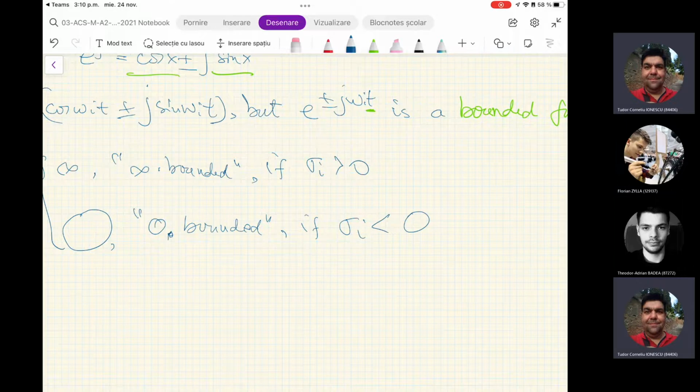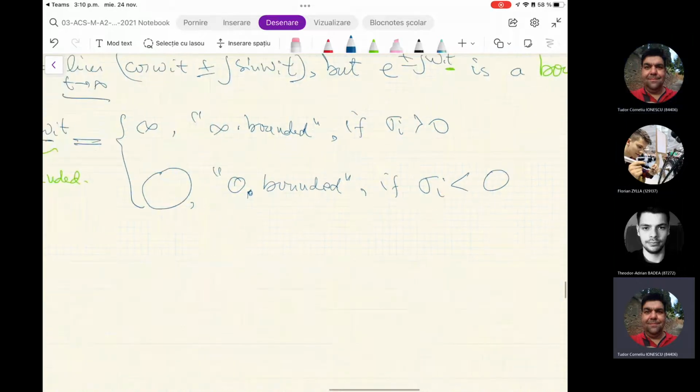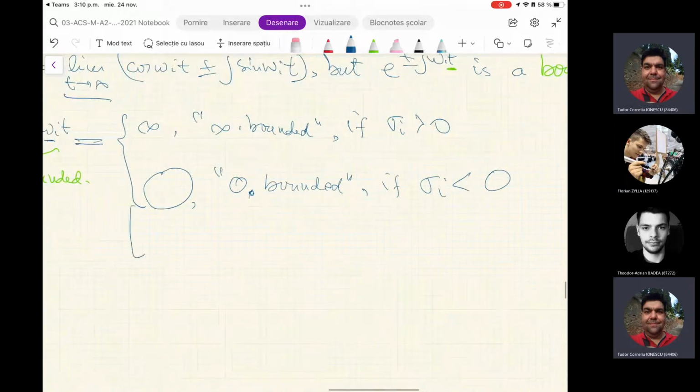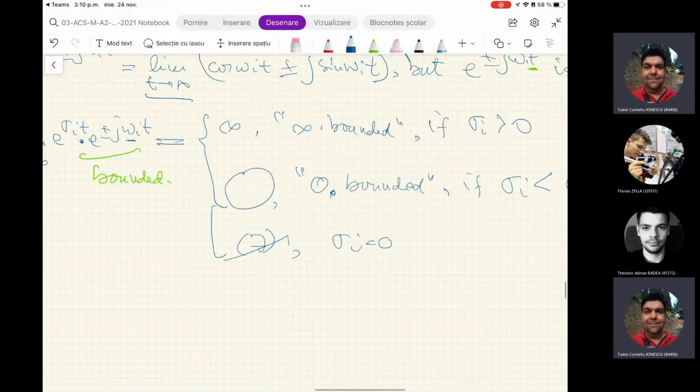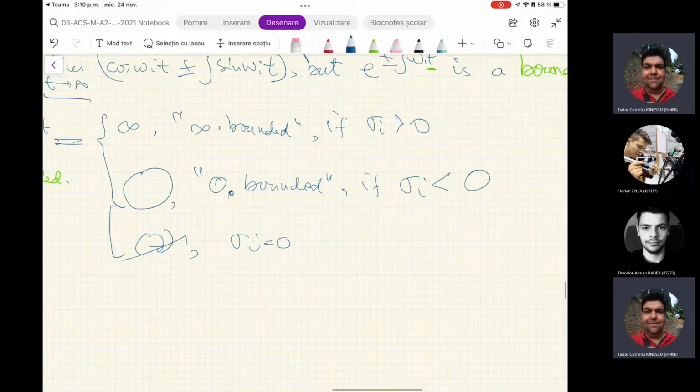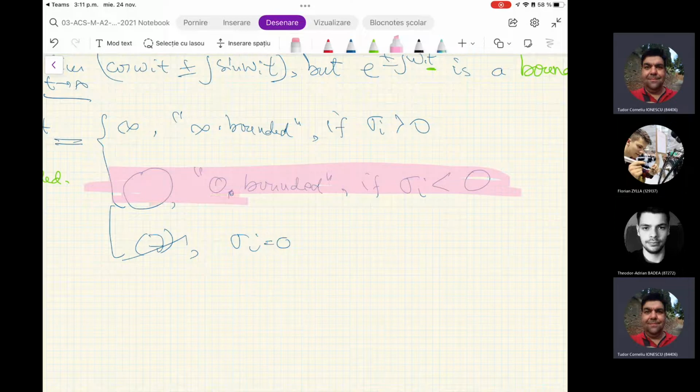And of course you have no limit for sigma i equal to 0. So this limit is 0 if and only if sigma i, the real part of the eigenvalue, is negative.